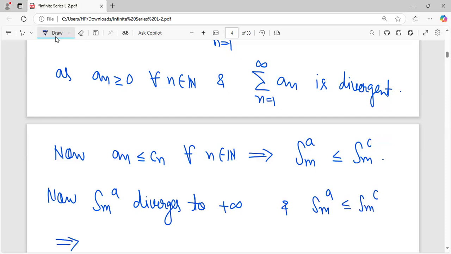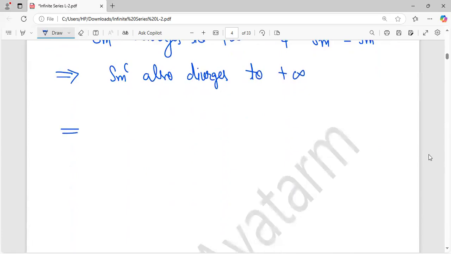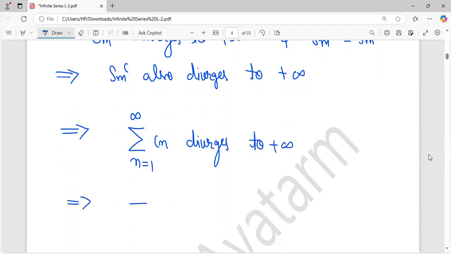This implies S_m^C also diverges to plus infinity. So this implies summation n goes to 1 to infinity cn series diverges to plus infinity. It means this series is divergent. Okay. So this theorem is done.